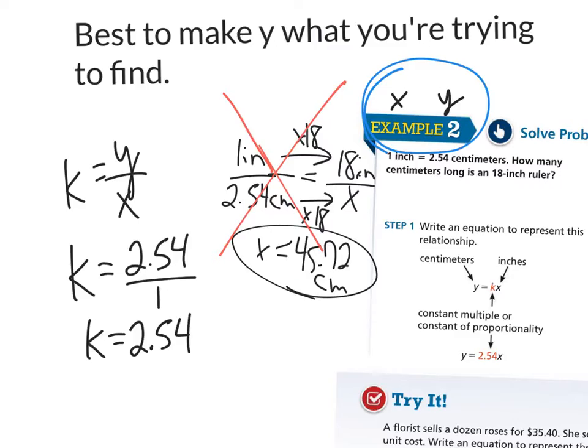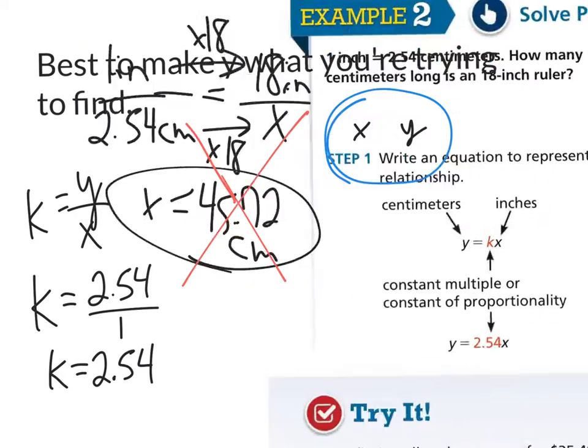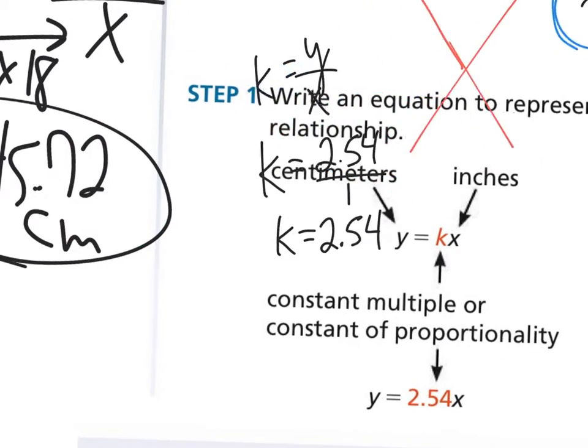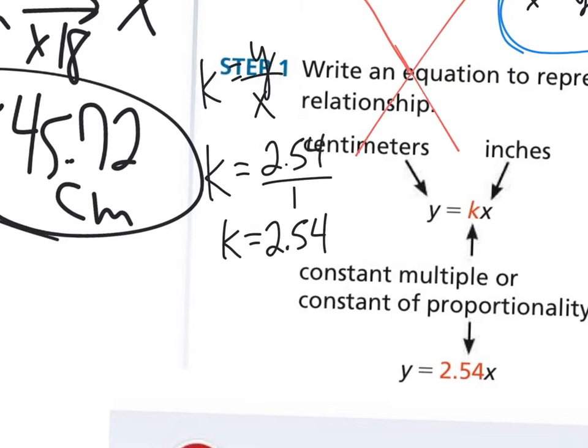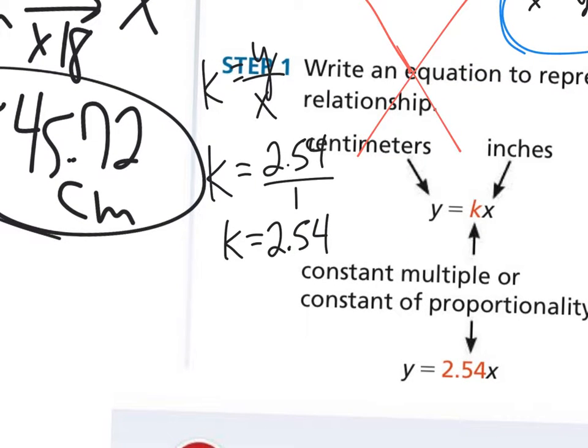For our equation, we do y equals kx. If k is 2.54, we just substitute that in, and we've got y equals 2.54x as our equation. If they were going to give me a lot of inches and ask how many centimeters, this is what I would want to do.